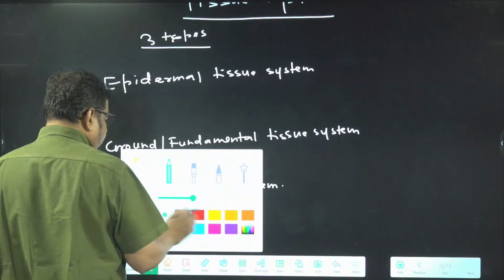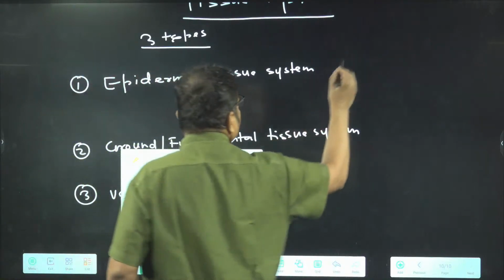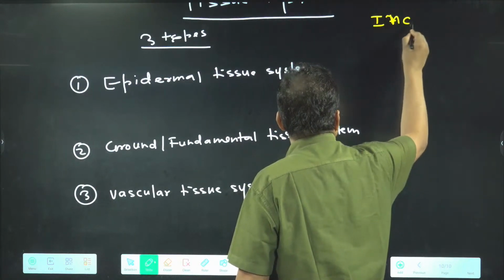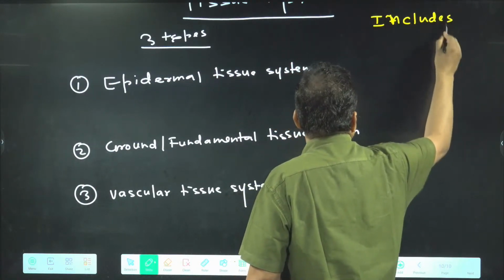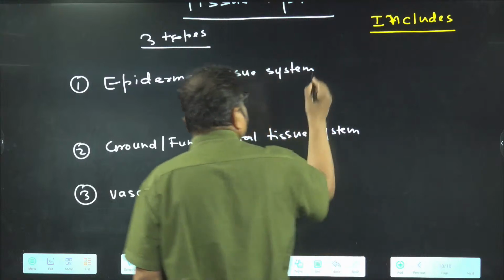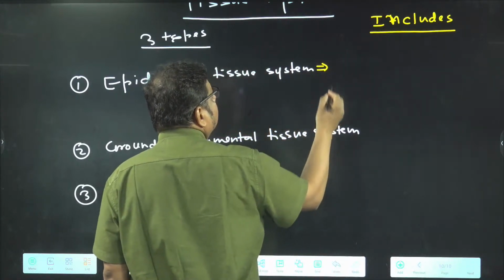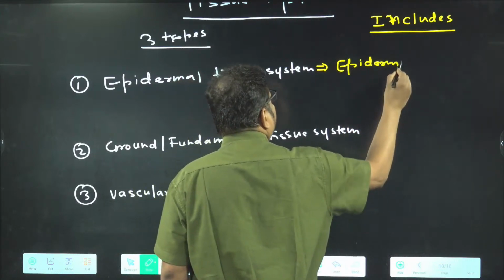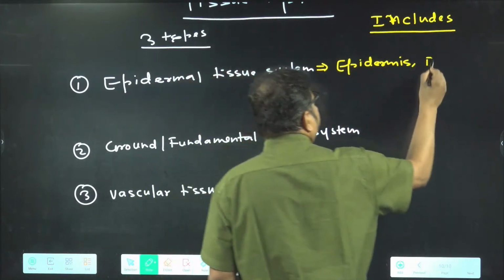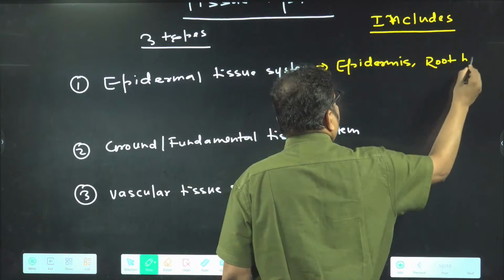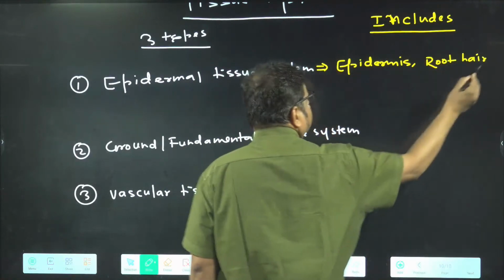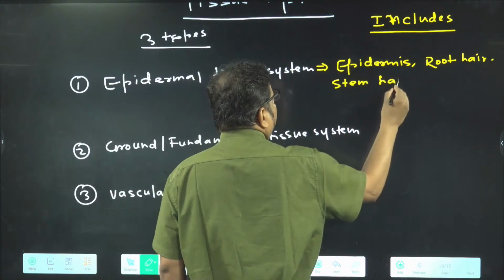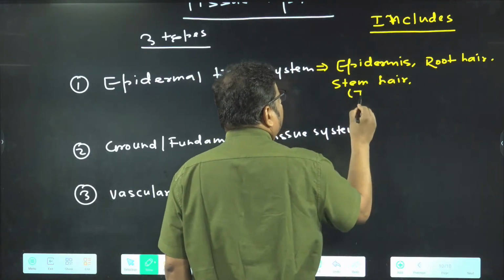So, epidermal tissue system includes, I'm writing includes for everyone. Epidermal system includes what? Epidermis, root hair, stem hair, it is also called what?